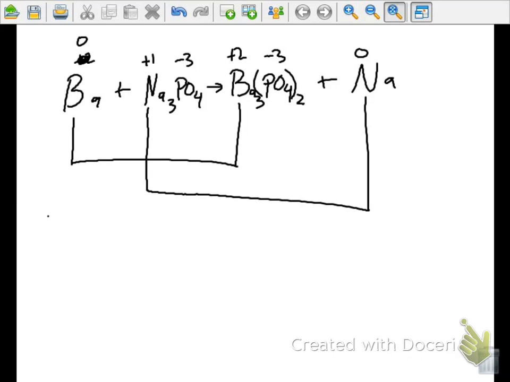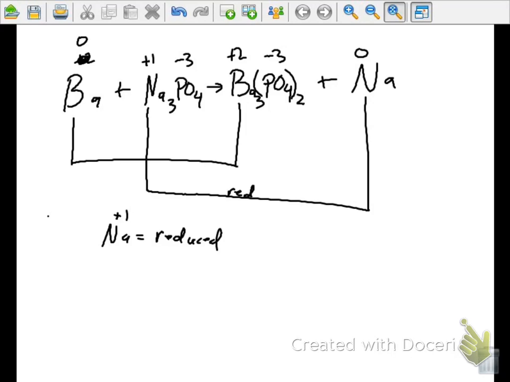So this one's reduced. Sodium is reduced. Actually, Na plus 1 is reduced, because it's already over here as Na. So that's what's being reduced, so we can write reduced here.